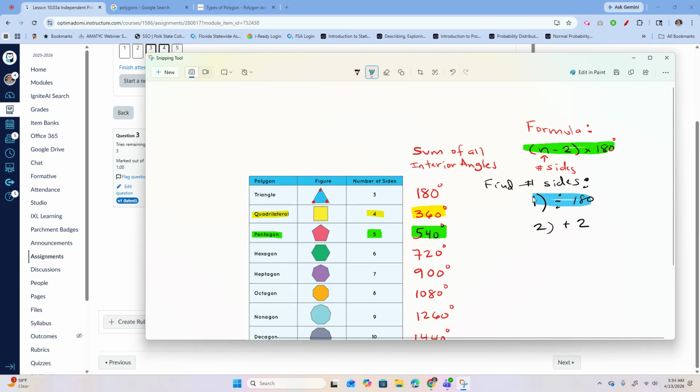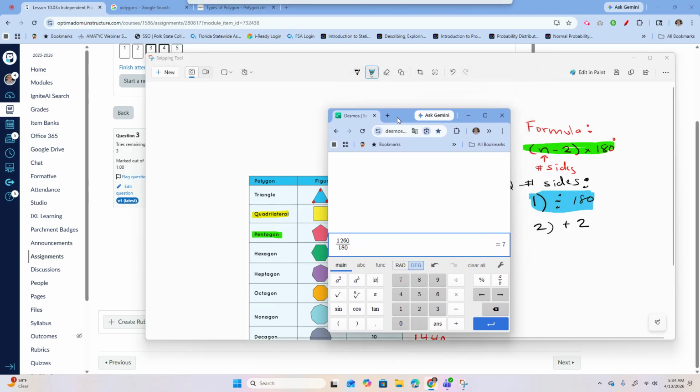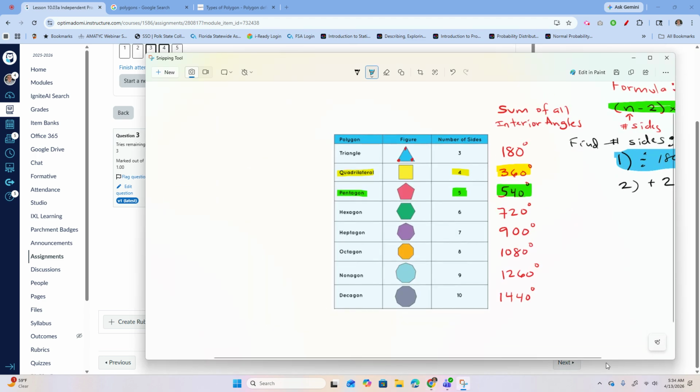I did the first step. Okay, I divided by 180. All right. And you can see in my calculator, I got 7. Now I'm going to do my second step. And what is my second step? I'm going to take my answer, which is 7, and I'm going to add 2. Okay. And look how much it will be. This will be a 9-sided shape. Okay. Now, that's one way of doing this problem.